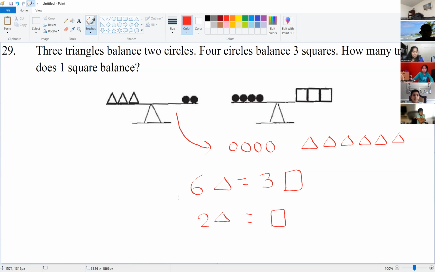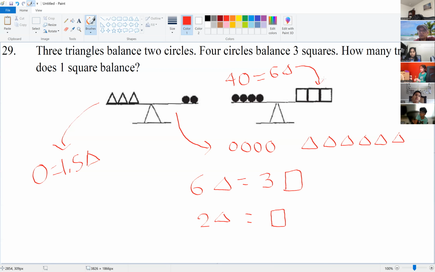So basically what you're saying is 1 circle is 1.5 triangles, so 4 circles would be 6 triangles. 6 triangles is equal to 3 squares. So 1 square is 2 triangles. Yeah, that will work.